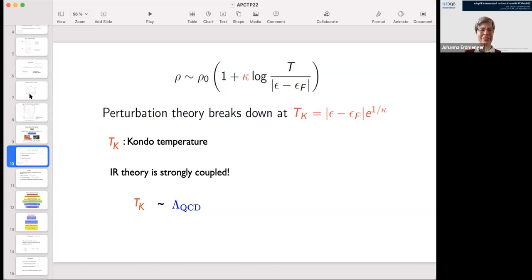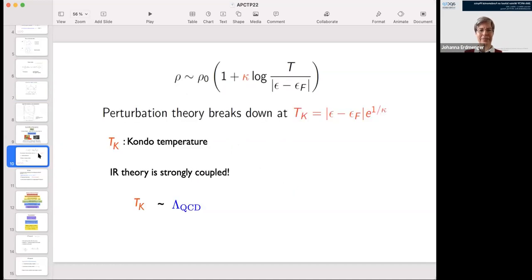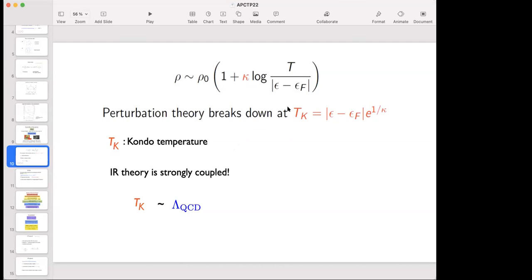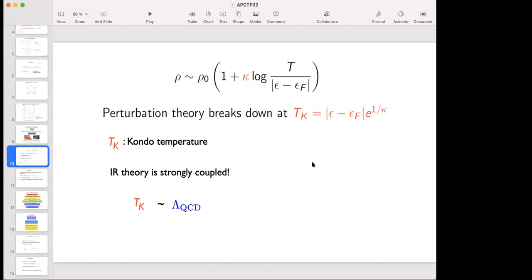Okay, so he calculated this one loop diagram. Okay, and then, yeah, right. So what I'm saying is that below this Kondo temperature, the theory is in some other phase, so that I don't think conformal field theory can be applied.